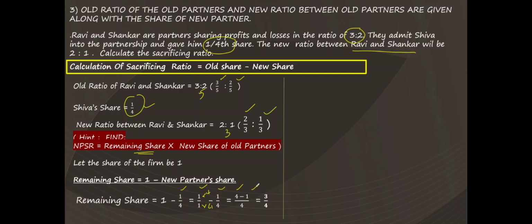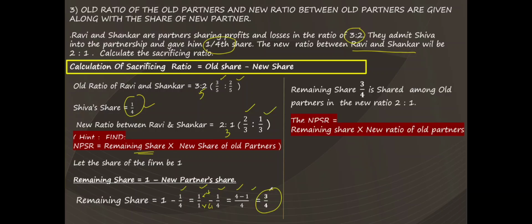So this is the remaining share, which has to be distributed to the old partners in the new ratio of the old partners given in the question. So the remaining share 3/4 is shared among the old partners in the new ratio, that is 2:1, which will give you the new profit sharing ratio.